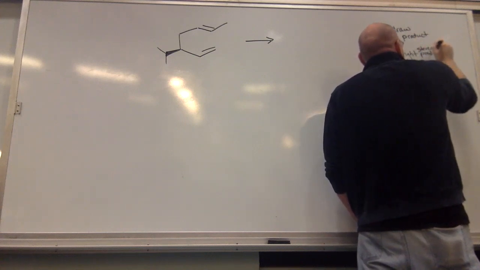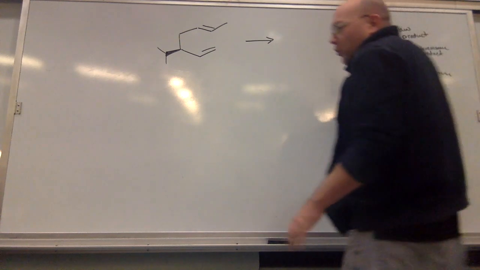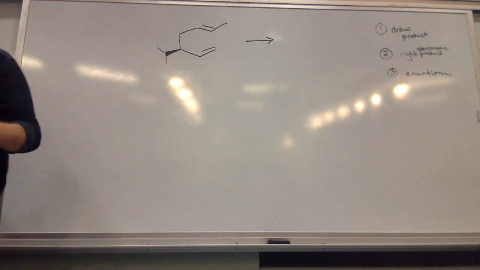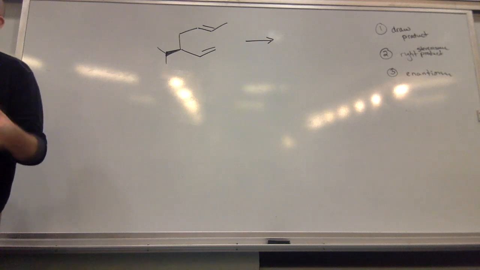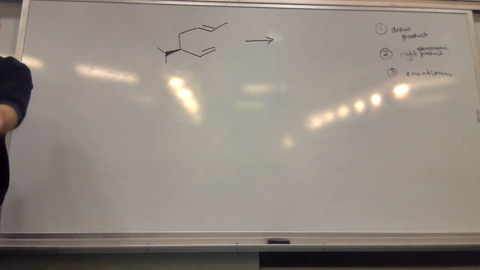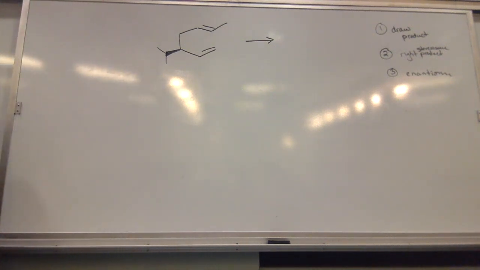If you get the wrong enantiomer but everything else right in terms of stereochemistry, that's maybe the B, and if you get the right enantiomer, that's the A. The words I'm using aren't exactly correct, but I'm just trying to illustrate the tiers here.